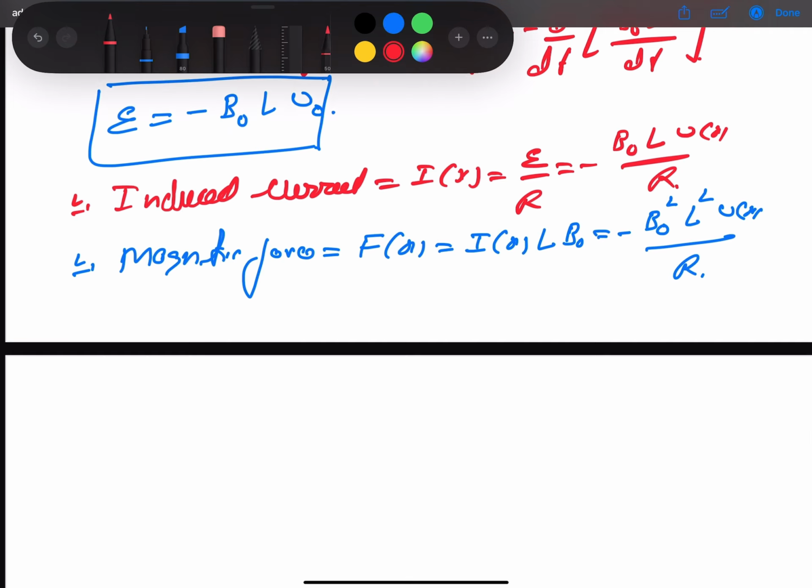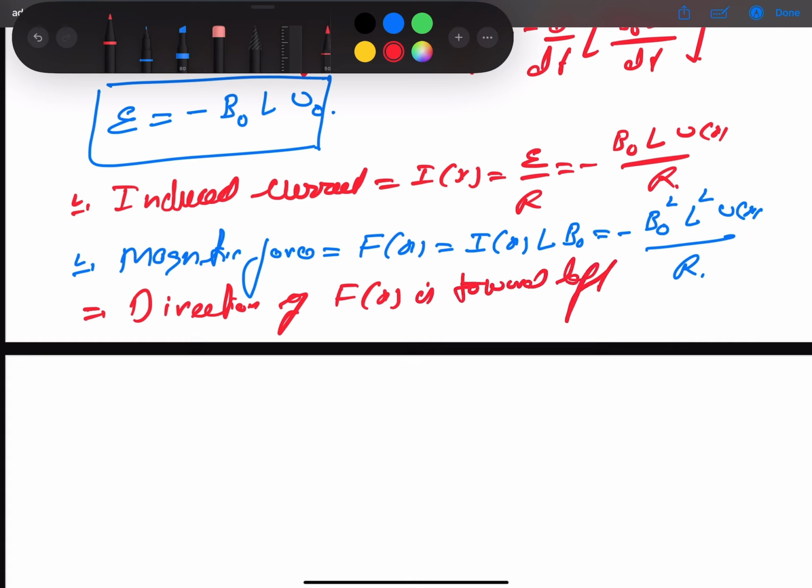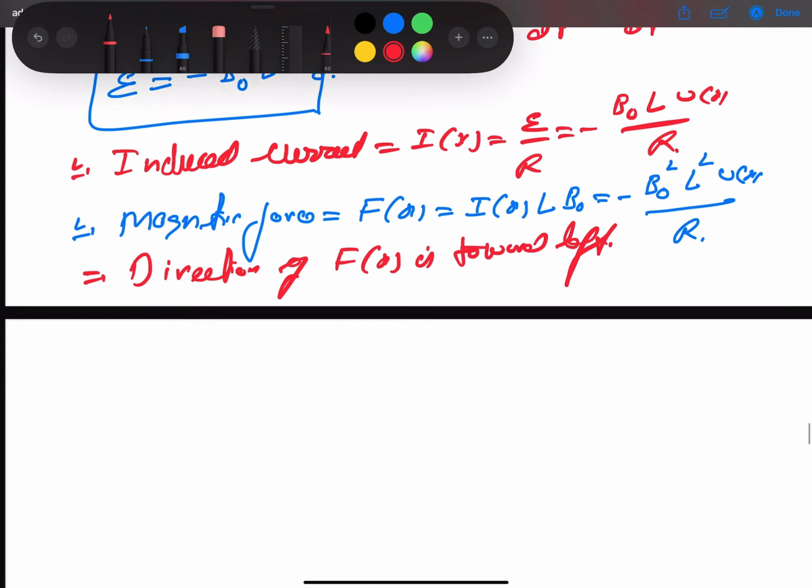So you can say that the direction of F of x is toward left. Now we can find out our acceleration.